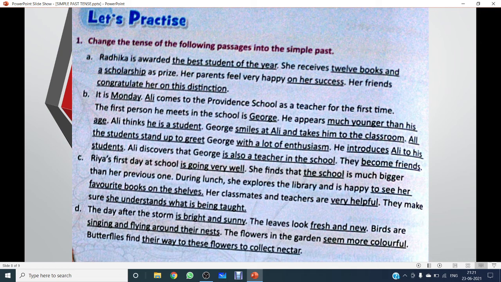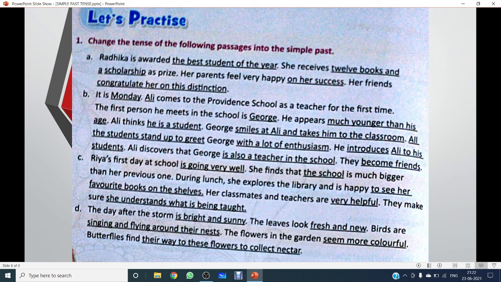It will be her classmates and teachers were very helpful. They make sure she understands what is being taught. So they made sure she understood what was being taught. So that much in number C.